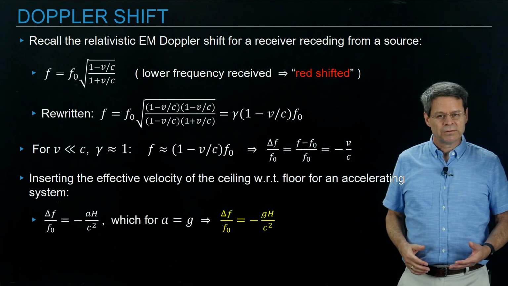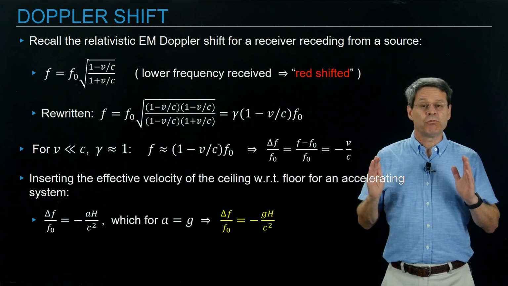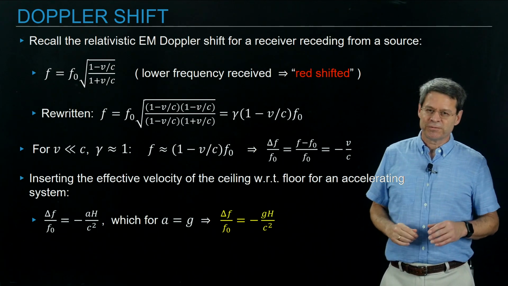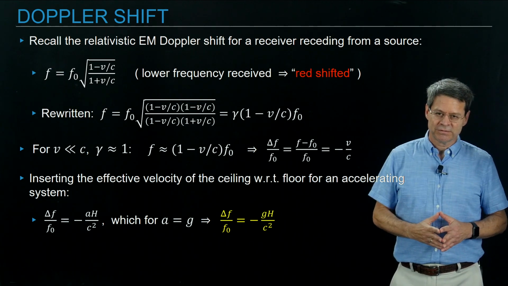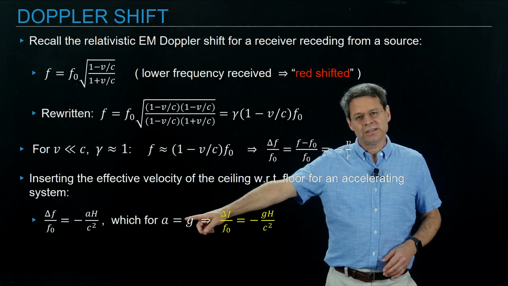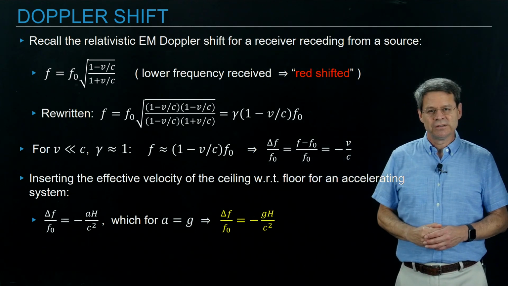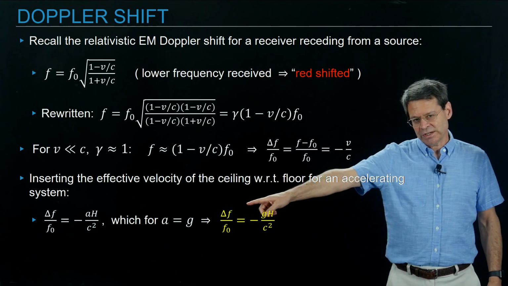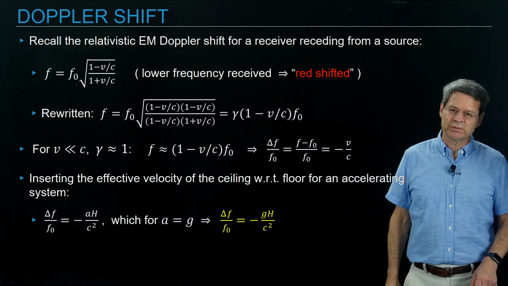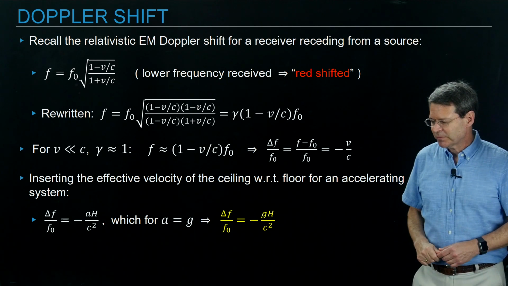Which, now, if I say this accelerating frame is equivalent to a frame which has gravitational acceleration, and I set a equal to the acceleration due to gravity on the Earth's surface, little g, then that's telling me that the change in frequency, delta f over f naught, that relative change in frequency, is minus little g times h over c squared.